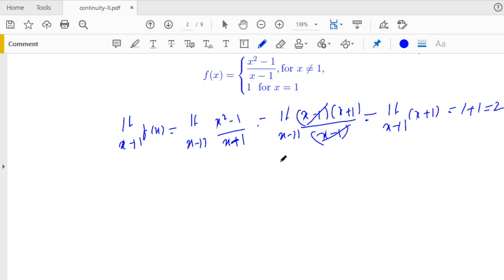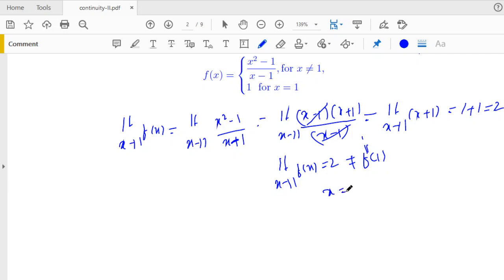This value equals 1 plus 1, which is 2. Therefore, the limit value, limit x goes to 1 of f(x), is equal to 2, which is not equal to the function value f(1). But we know that f(1) equals 1. Therefore, the limit exists and is not equal to the function value.